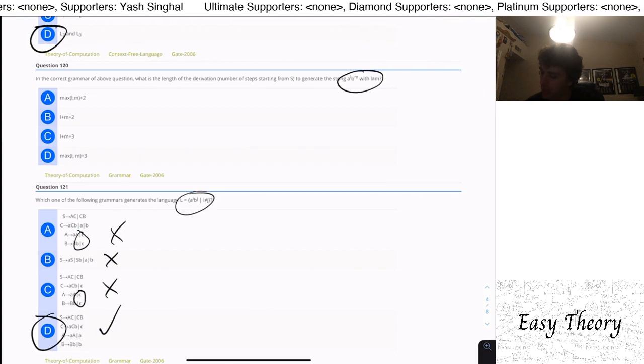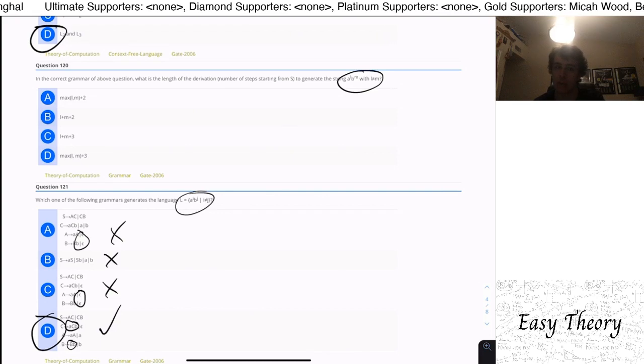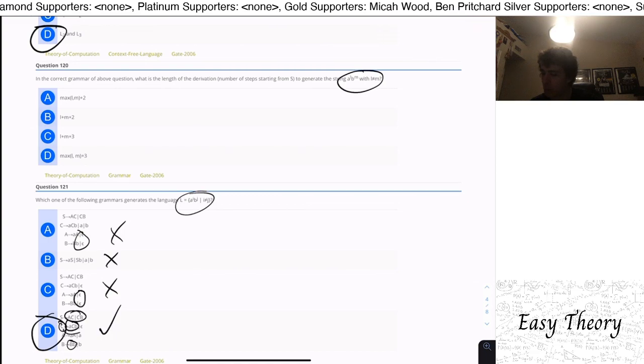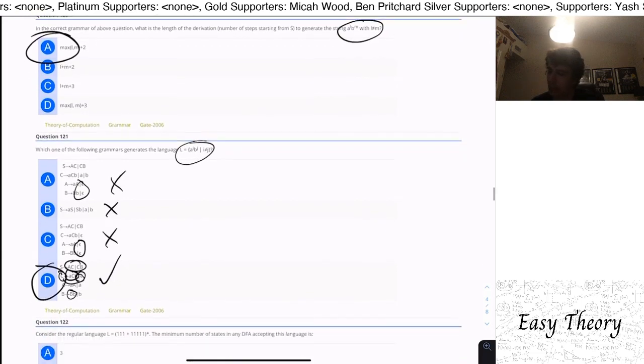Yeah, because each of these rules will make one of each character, and for whatever the larger one is, we need the rest of them to be generated by the other A or the B variable. So it would be max plus 2 because we need one for this preliminary rule and then one more for S going to empty. So it's this one, A and that one.